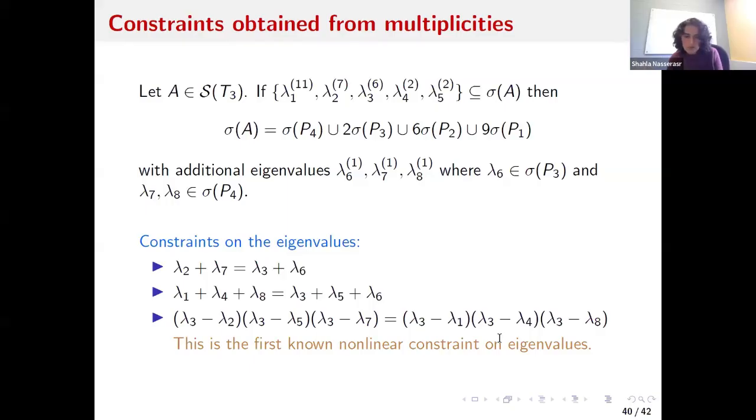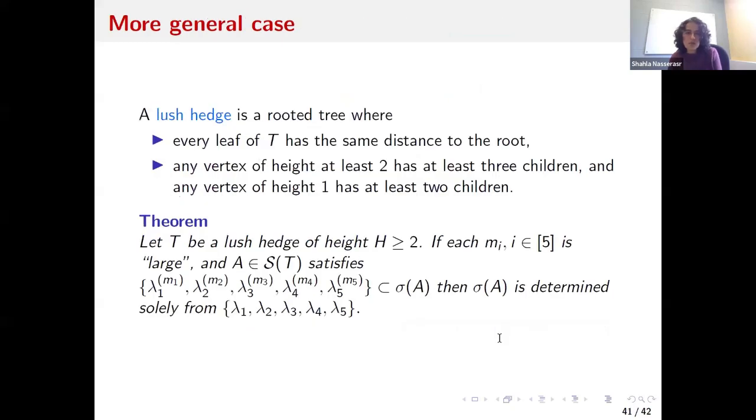So what I did here was to show you how restricted the entries and the eigenvalues of a matrix become, given its structure of the graph and given the high multiplicity list. That was just an example, but in fact that's true for a family of graphs called lush hedges. So a lush hedge basically is a tree so that all of the leaves have exactly the same distance from the root, together with some additional degree conditions.